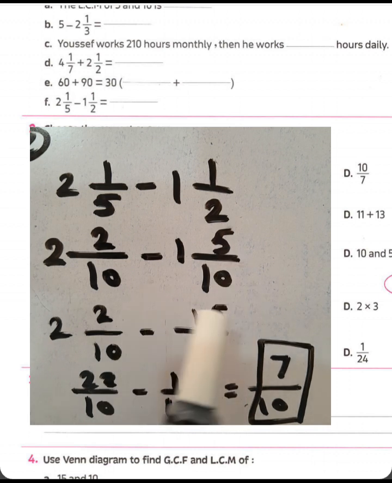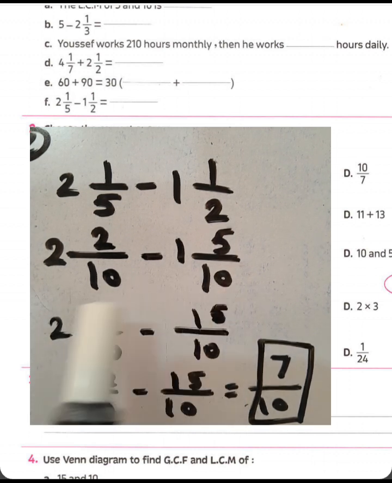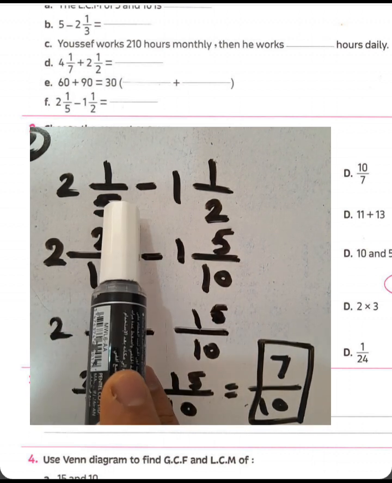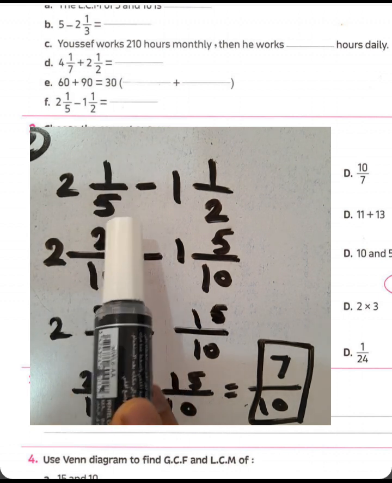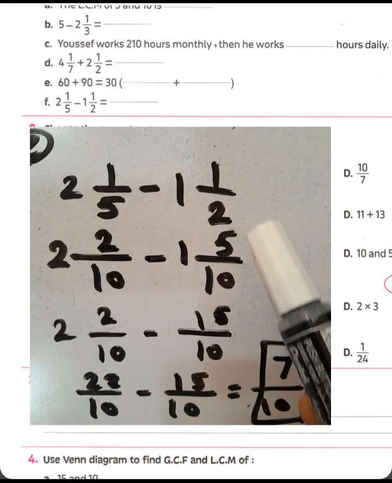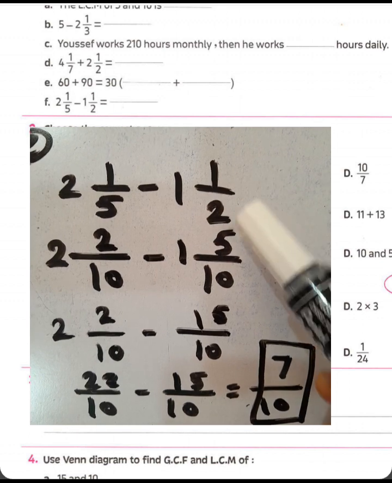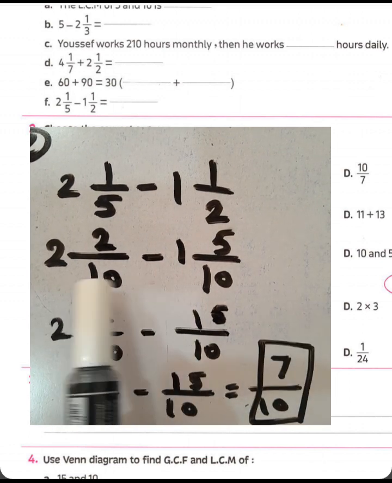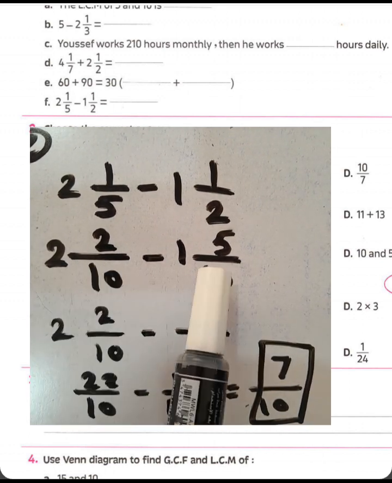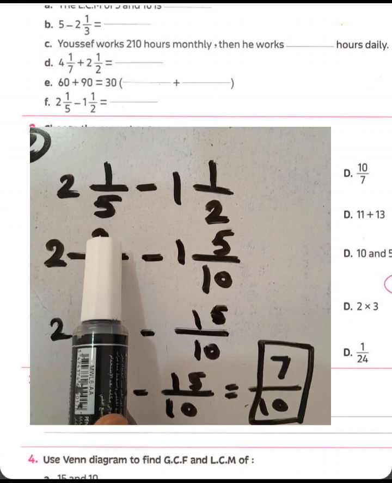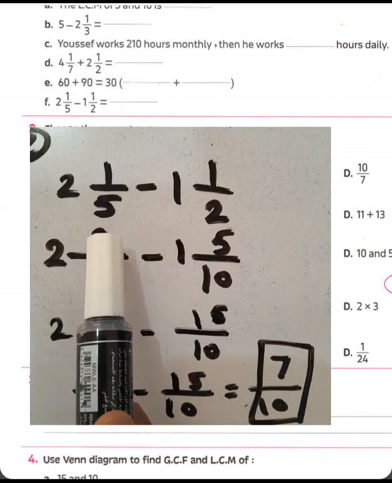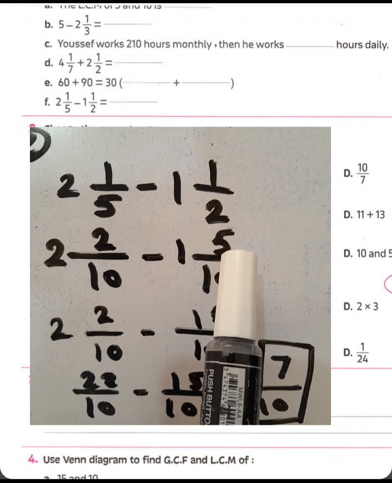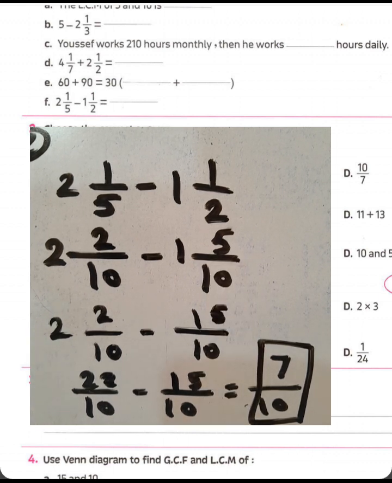Again, okay, 2 and 1 over 5, subtract 1 and 1 over 2. We can find the least common multiple between them, which equals 10. 5 times 2 equals 10, 1 times 2 equals 2, 2 times 5 equals 10, 1 times 5 equals 5. We can't find the difference between the two fractions here because we have 2 and 5. 2 minus 5, we can't find the result in natural numbers.